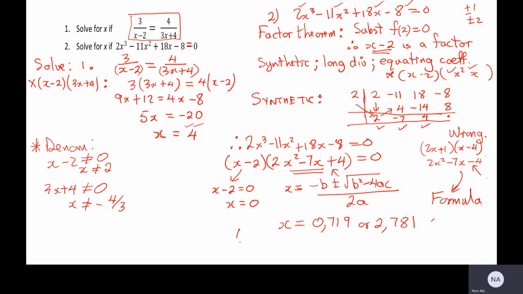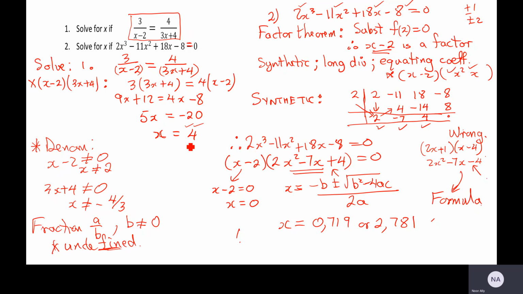And why must I check that? Because when I have a fraction, for example, a over b, remember that b cannot be equal to 0 because it makes it undefined. So I'm going to use the term undefined when we have denominators, fractions.